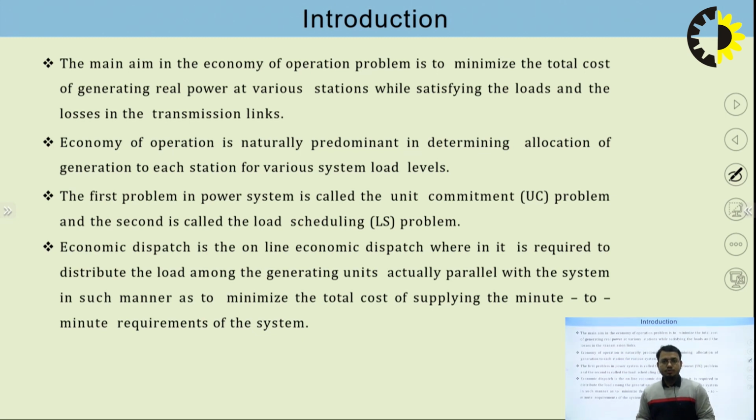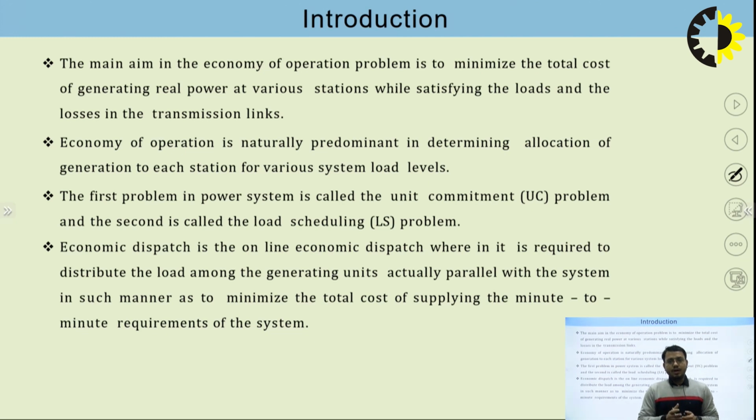Now this load has to be satisfied. The meaning of satisfaction of the load is that whatever amount of power is required to operate that appliance efficiently at the rated condition is known as satisfying the load. Now this load is satisfied by the generator, and that generator is installed in the generation part, right?